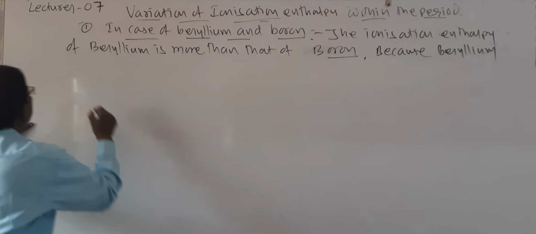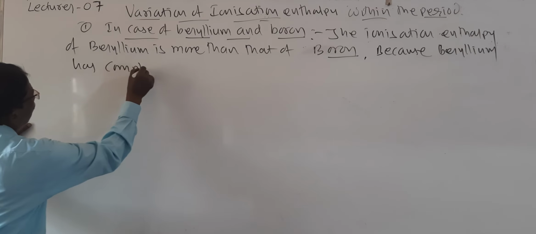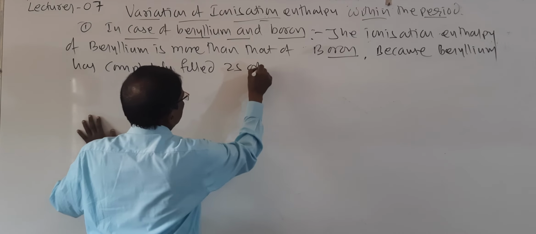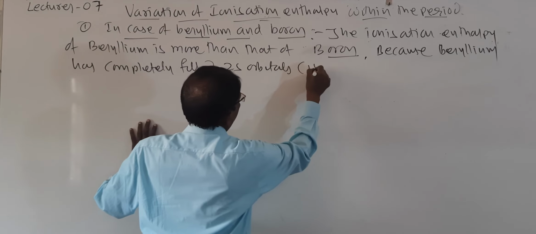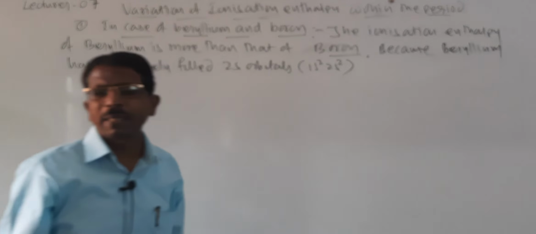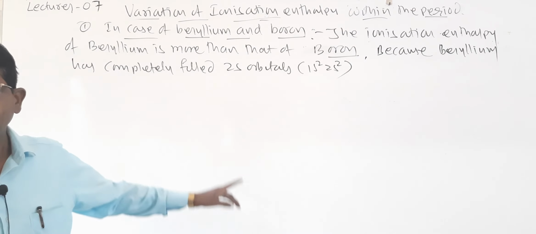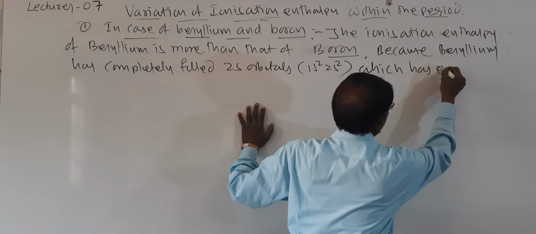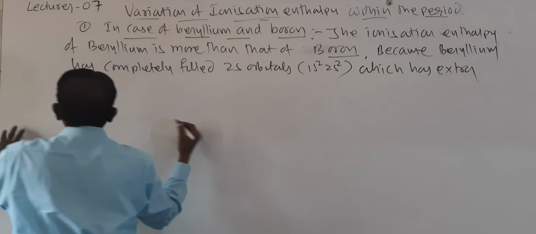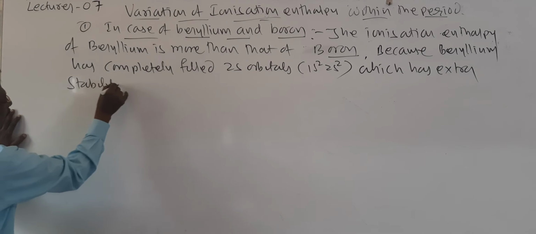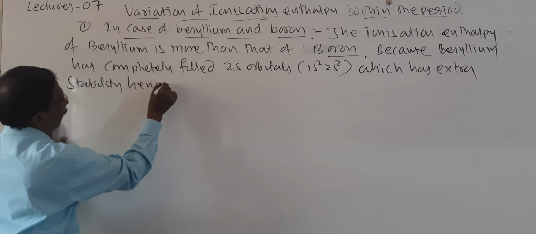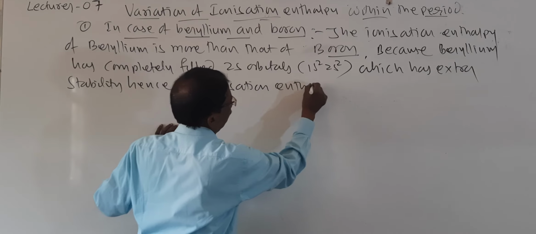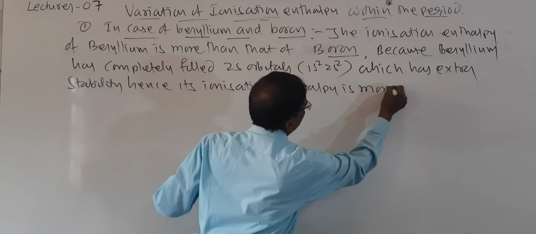beryllium has completely filled 2s orbitals, that is 1s2, 2s2, completely filled 2s orbitals, which has extra stability, hence its ionization enthalpy is more.